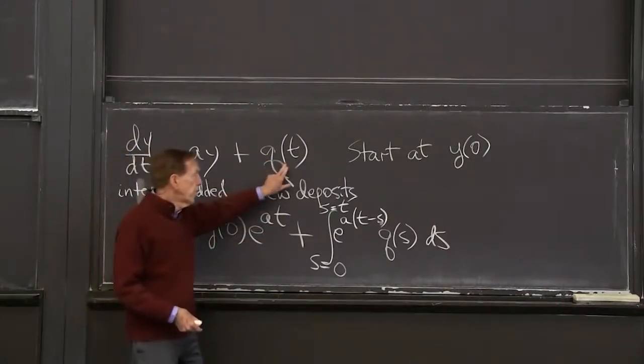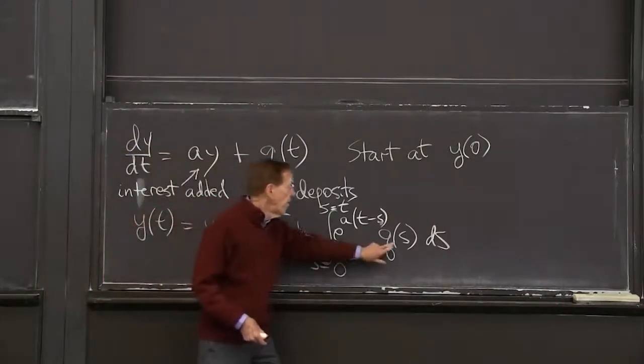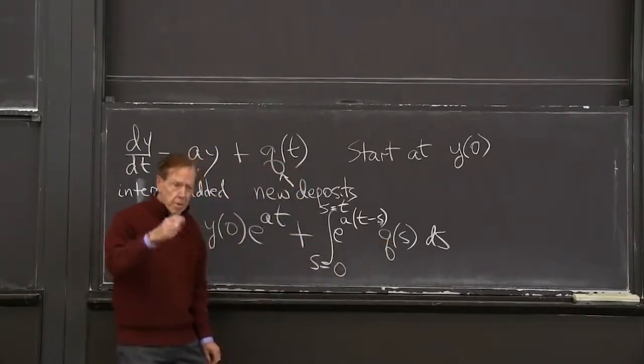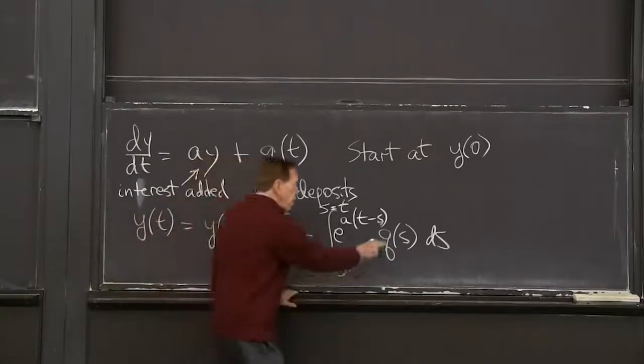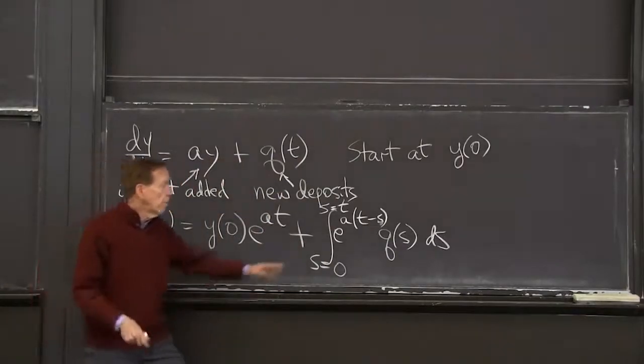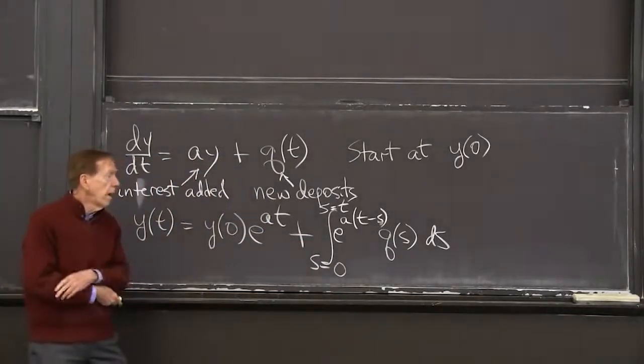Of course, I've used q of t all the way, here I call it q of s. I have to introduce an integration variable s, which goes from the start of these deposits until the current time, and grows like that. So that's the formula.